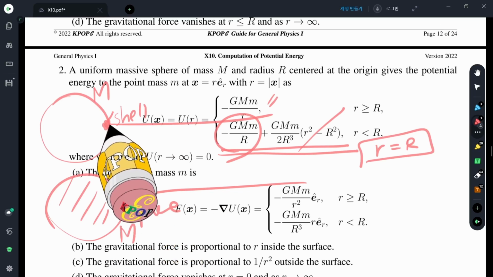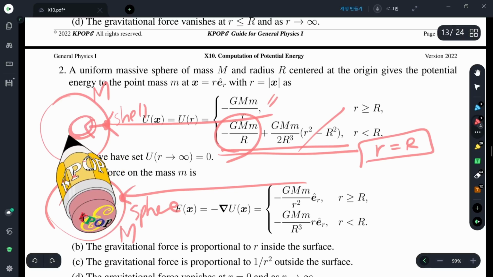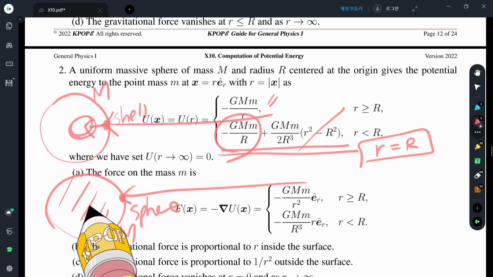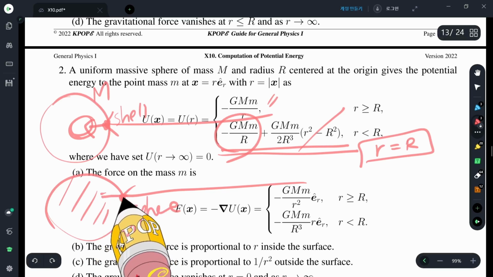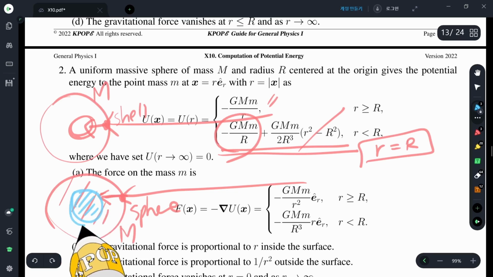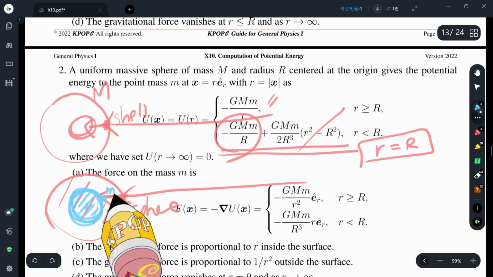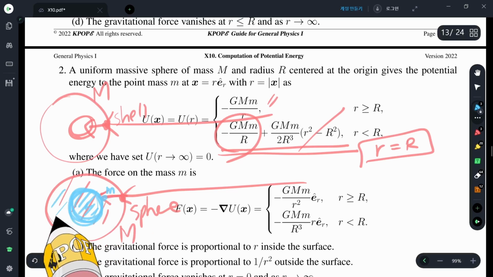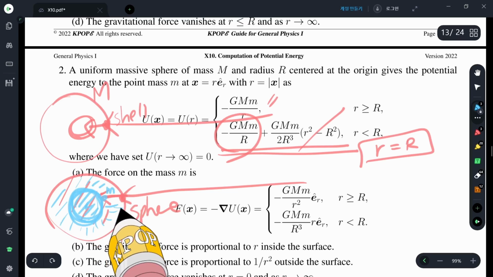But as soon as I enter, the shell does not apply any force. The sphere does, because if we penetrate the surface, there is still a shell in it. So the mass inside interacts with this point particle m. However, just outside, they don't interact anymore. That's the difference.